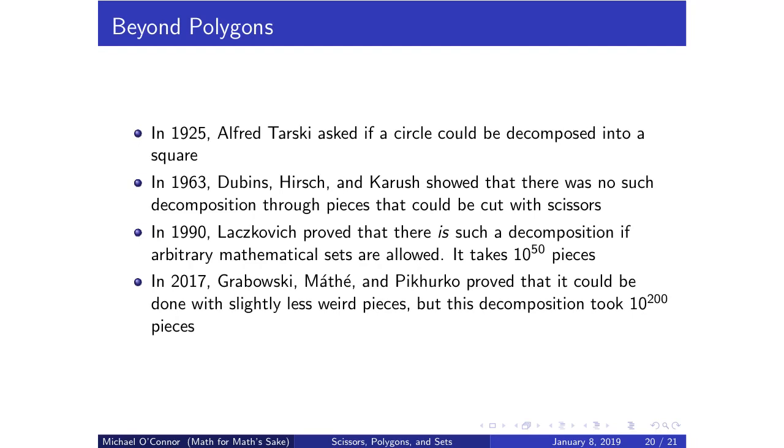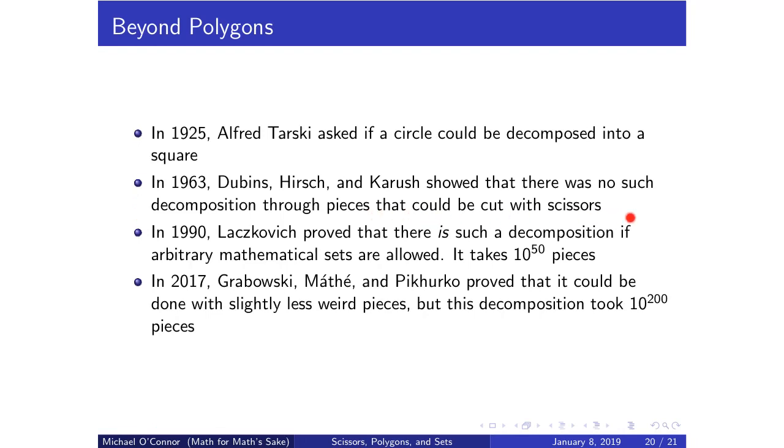What if you had a circle, which is convex all over, with outward curvature all over? Can that be decomposed into a square? It clearly can't be with straight cuts. But he was wondering, is there some really strange cut you could do and rearrange the pieces to get a square? And this was shown: if your pieces are bounded by lines in the plane, then it was shown by these guys that no, you can't do it.